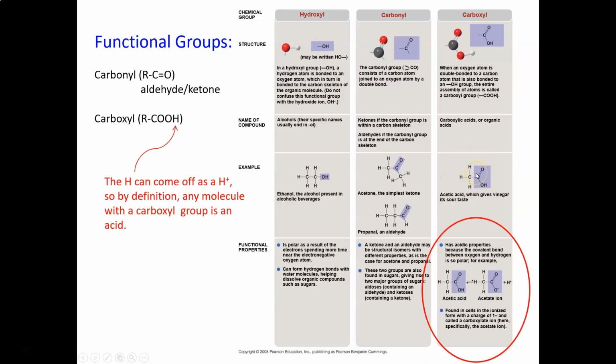Again, this hydrogen can come off as an H+. By definition, since we're donating an H+, any carboxyl group is an acid. Not surprisingly, then, carboxyl groups are found in fatty acids, amino acids, and many other organic acids.